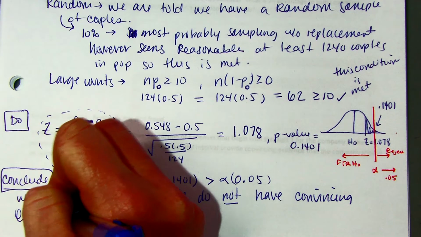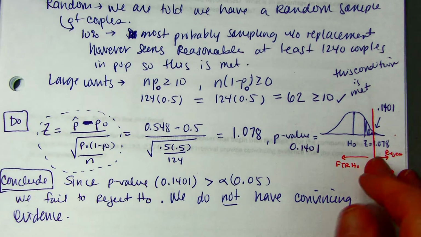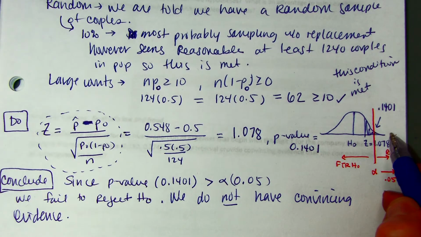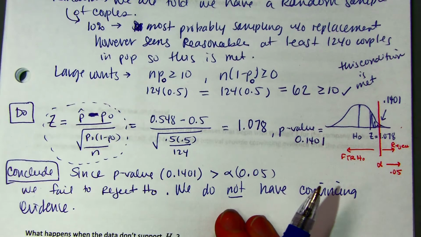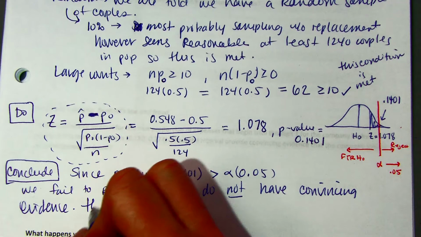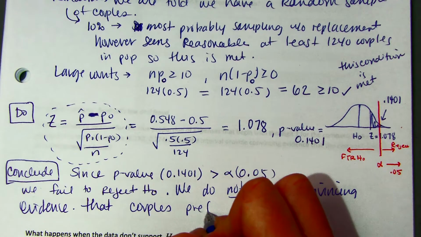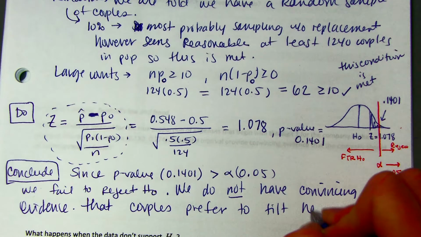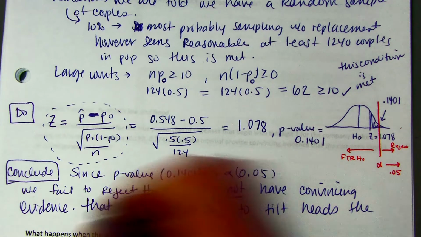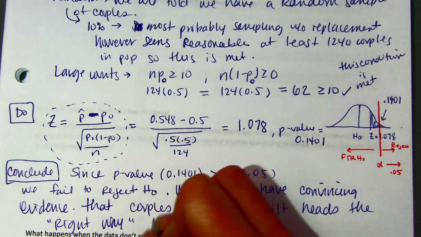Remember, we're always trying to have evidence for the alternative. My alternative isn't far enough away to meet the cutoff point. And so I don't have enough evidence here, and then put it in context, that couples prefer to tilt their heads the, quote, right way when kissing.